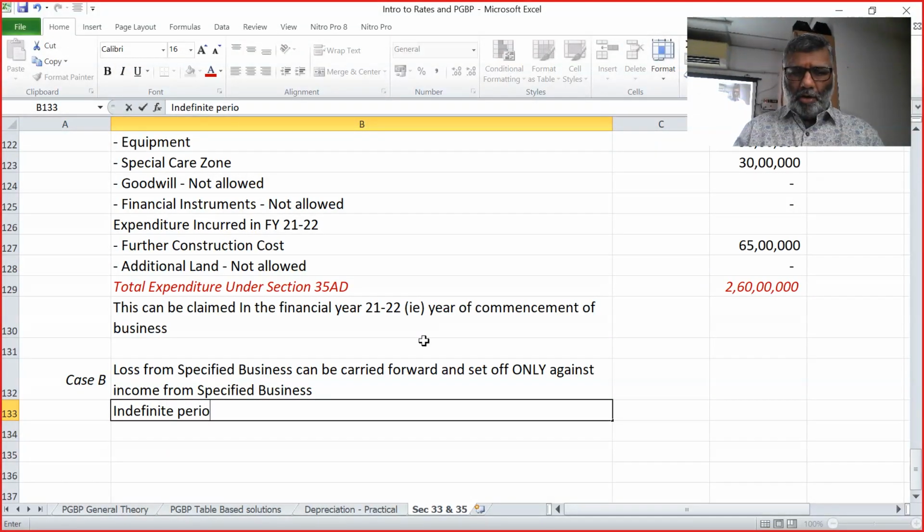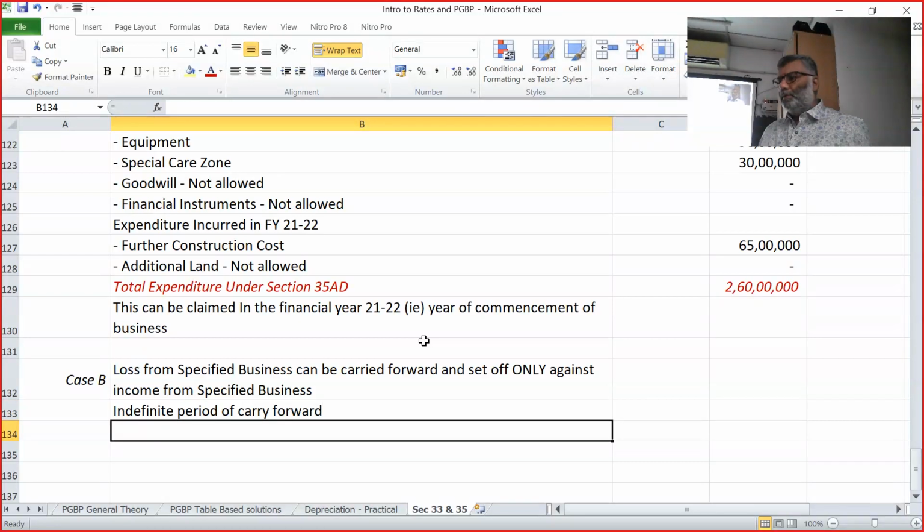Indefinite period of carry forward. The carry forward can be for multiple years, but you cannot set it off against any other business.